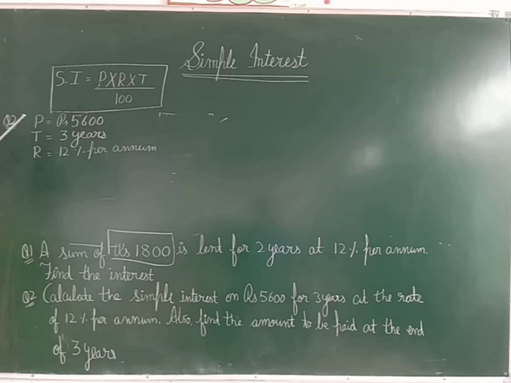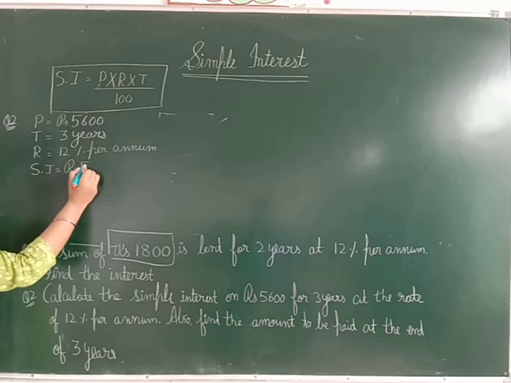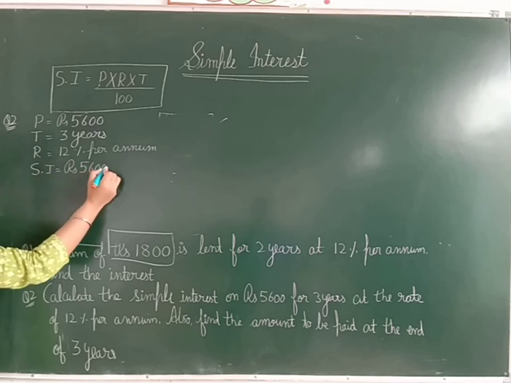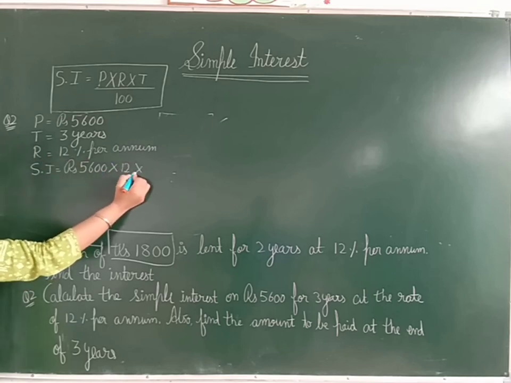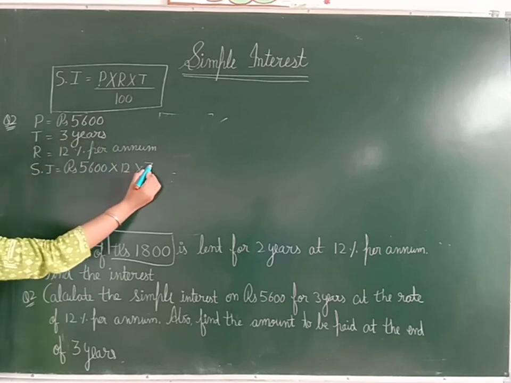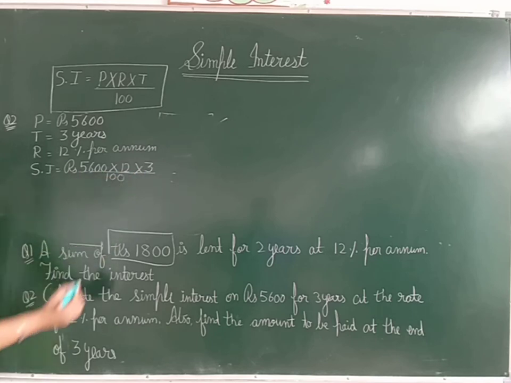So let us first find simple interest. The formula to find simple interest is principal into rate into time by 100. So apply it here. Simple interest is equal to principal, in this case rupees 5,600, and rate here is 12 and time is 3, divided by 100. Right.